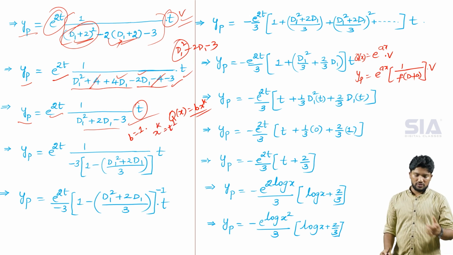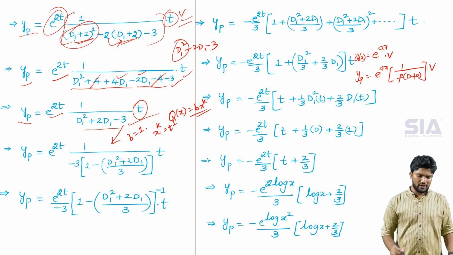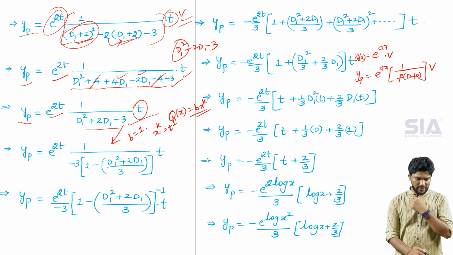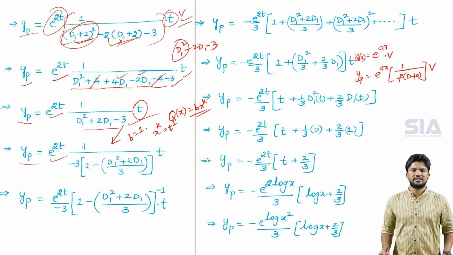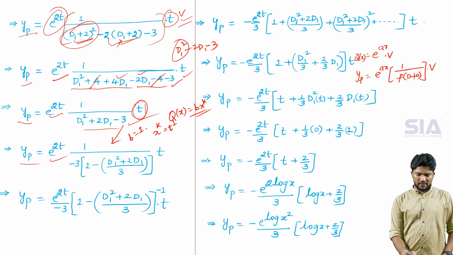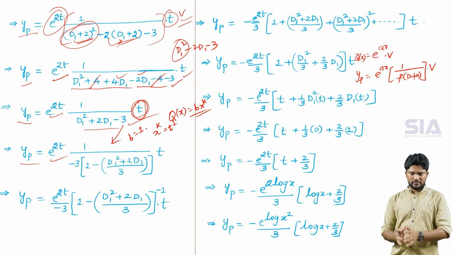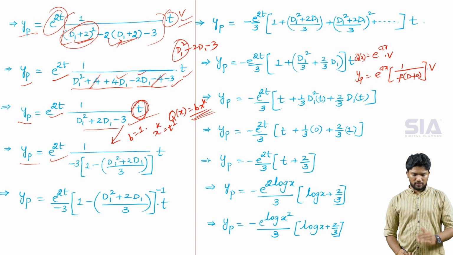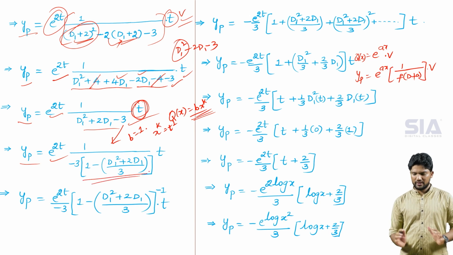So to simplify this, take the constant value out of the denominator as common. So y suffix p, the exponential function as it is, e power 2t times 1 by, whenever you have Q of x in the format b into x power k, the procedure is this: take the constant outside.